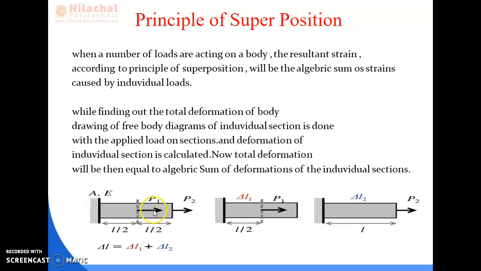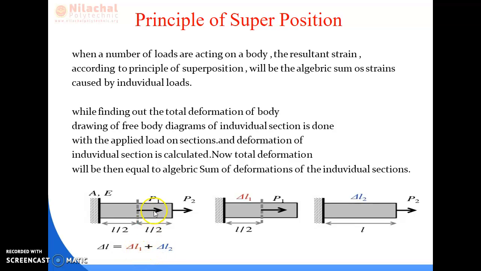According to P1, a deformation takes place in the bar, that is del L1, and for P2 there is also a deformation, that is del L2. Now according to the principle of superposition, del L is equal to del L1 plus del L2, meaning the total deformation of the bar is equal to the algebraic sum of del L1 and del L2.